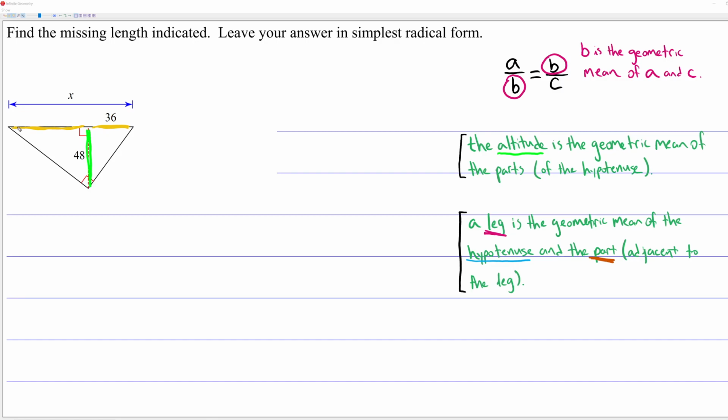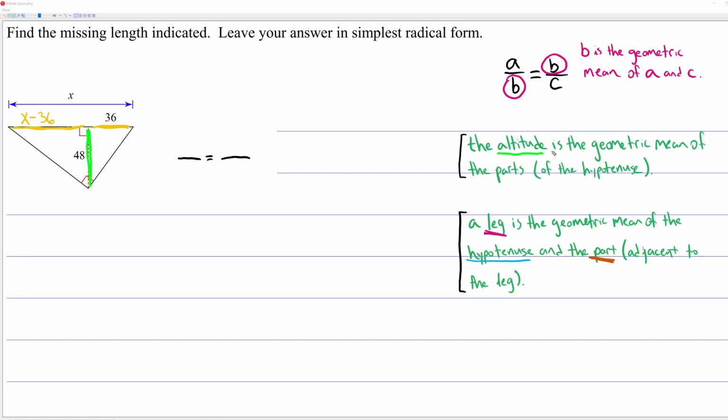So be careful. Since we need to talk about this part on the left, you'll have to use the entire hypotenuse, which is labeled with x, to see that this part on the left is x minus 36. So now let's just read and interpret the sentence. Again, my hint, fraction bar equals fraction bar.